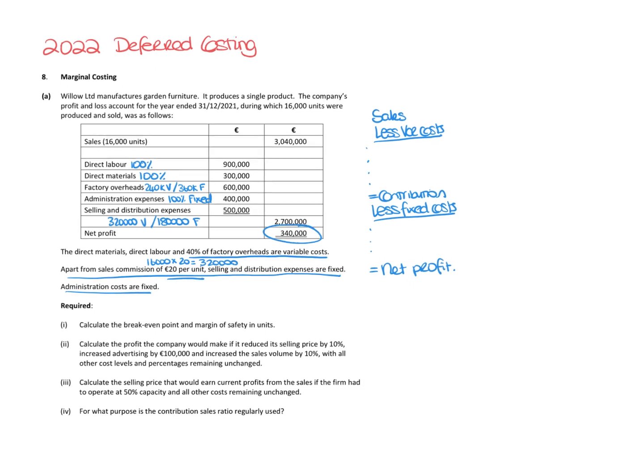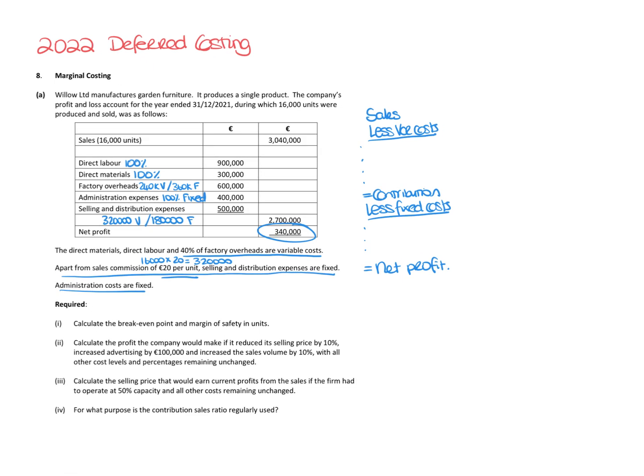While we're doing this, we're going to find out the amount per unit as well. This is going to help us when we're doing all of our questions. So we've got 16,000 units, which came from over here, and sales of 3,040,000. When I divide 3,040,000 by 16,000 units, that gives me €190 per unit.